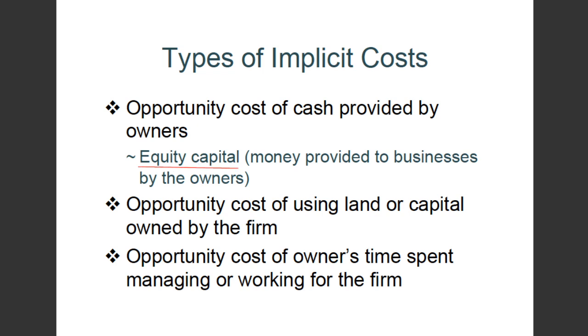That's the money provided to businesses by the owners, either through buying shares or just holding shares in the company. That's their contribution, money that's locked in or that they've provided to the firm, in our case, the hospital.